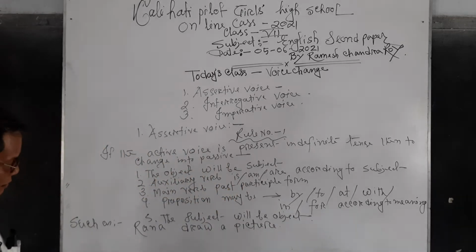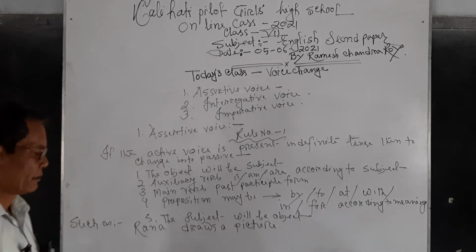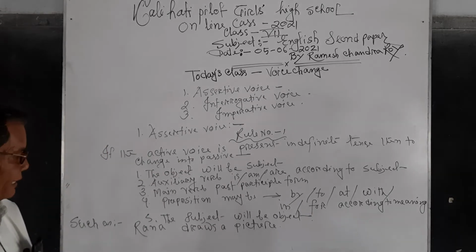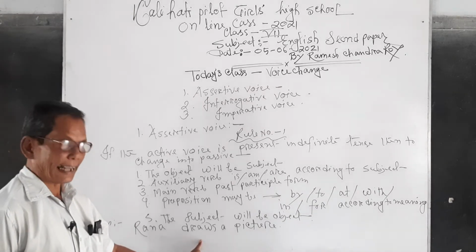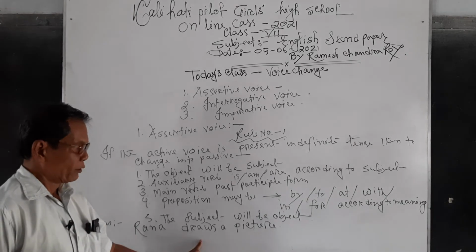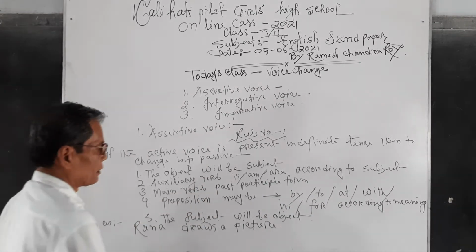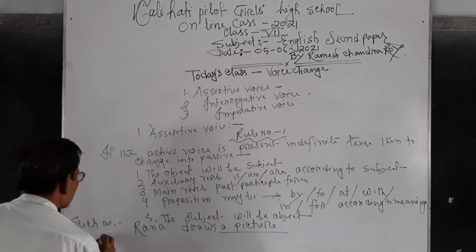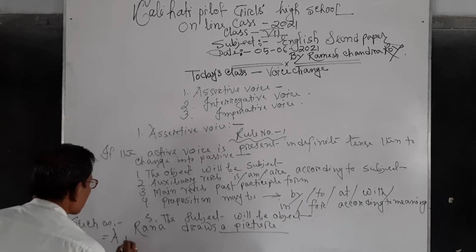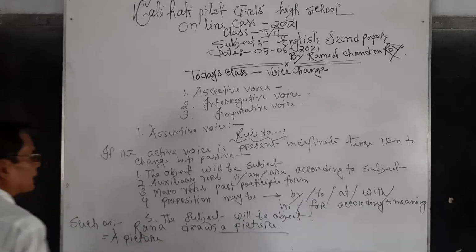Dear student, see that Rana draws a picture. Here the main verb draw is in present form, that is why it is present indefinite tense. Now, if we want to change from active to passive, first you will have to take a picture as the object.